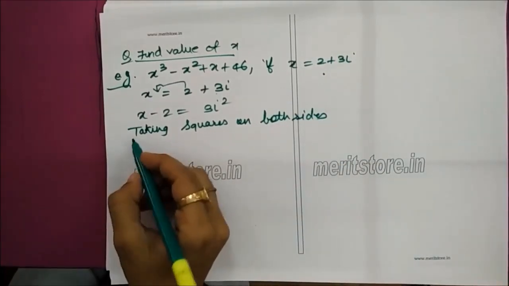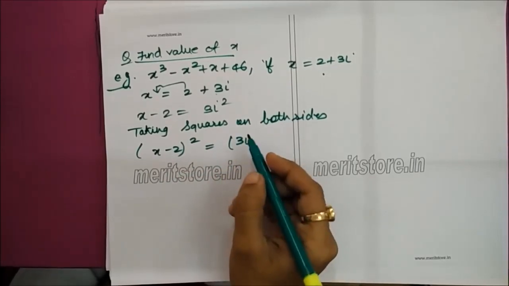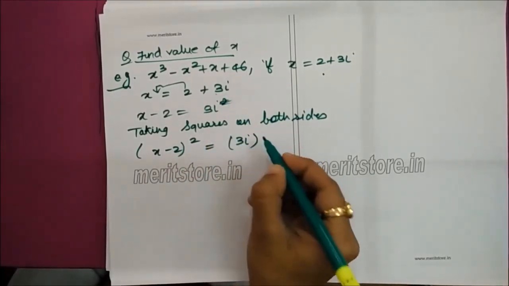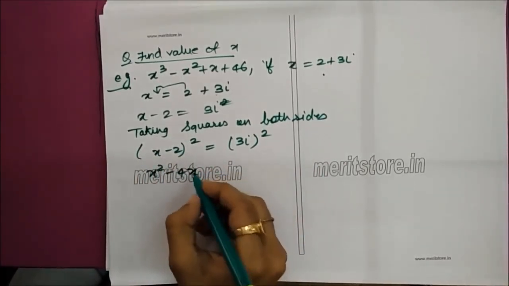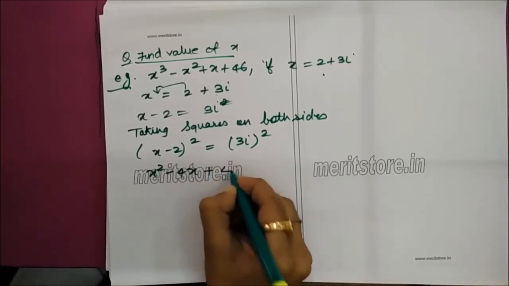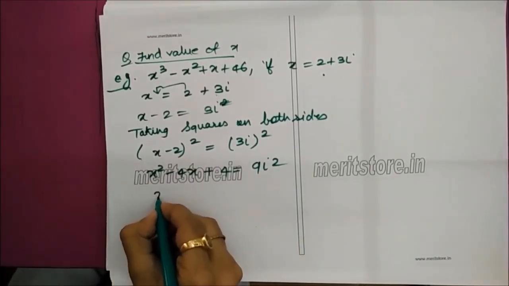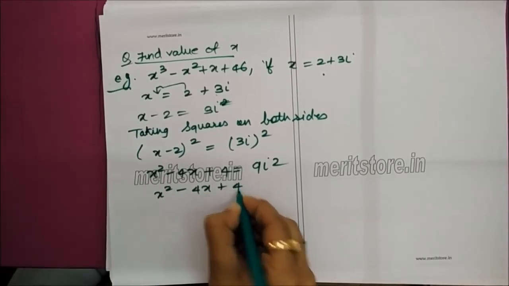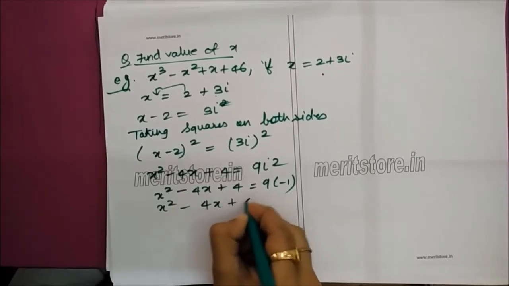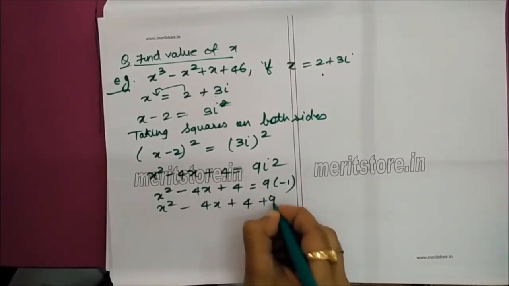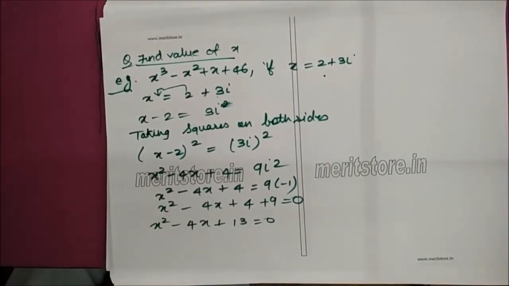What you get is (x − 2) the whole square is equal to (3i) the whole square. (a − b) the whole square, that is x² − 2ab. a² − 2ab + b², that is plus 4. And here you get 9i². So x² − 4x + 4. i² is minus 1. And when this minus 9 comes here, it becomes plus. So what you get is x² − 4x + 13 equal to 0.